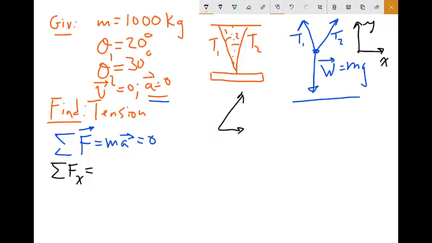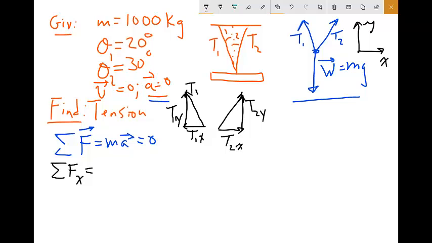We have T2x, and eventually we will worry about T2y. And we also have a similar vector. We have T1, which has T1x in this direction, and T1y in this direction.